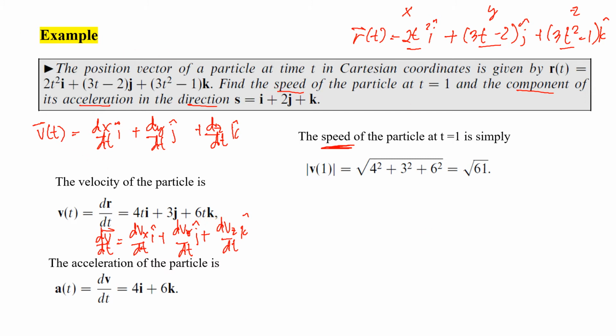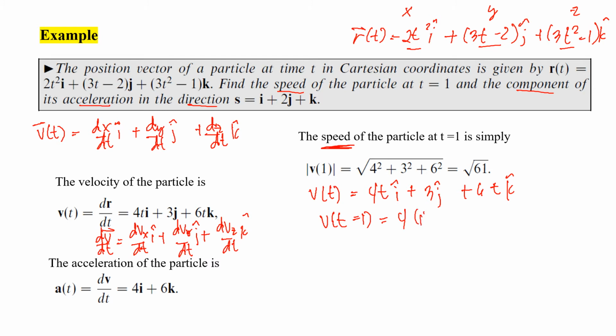So let's just write the solution. What we first do is remember that you have here your v of t. So you have 4t i hat plus 3j plus 6t k hat. All of the t, we are going to replace with t equals 1.